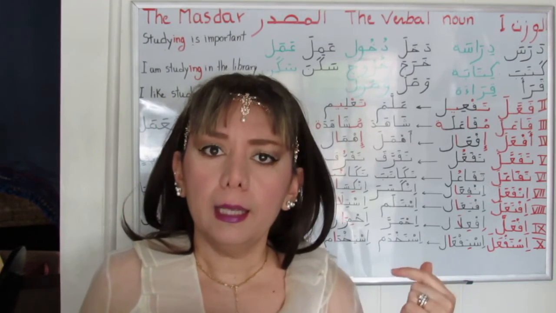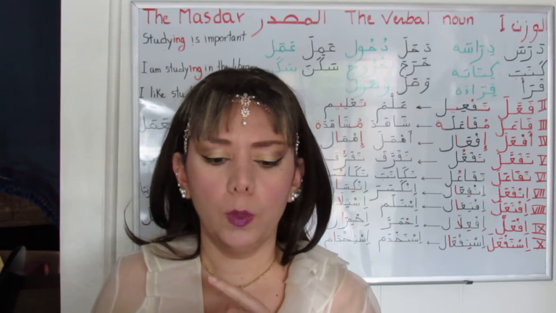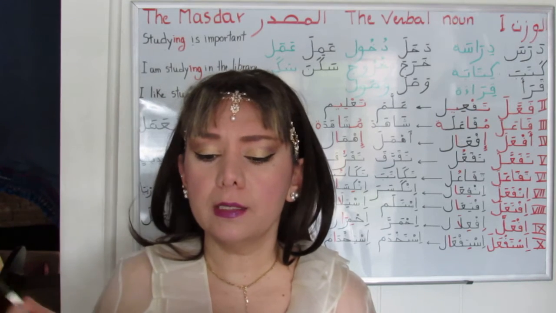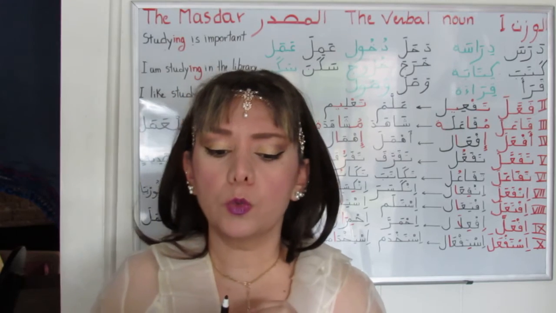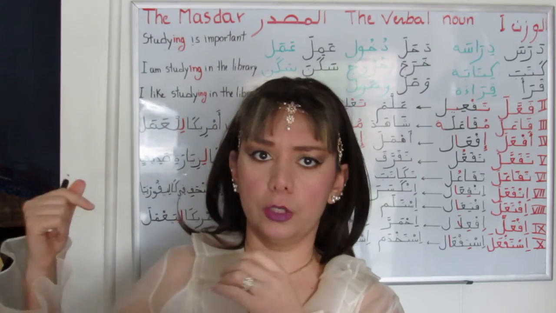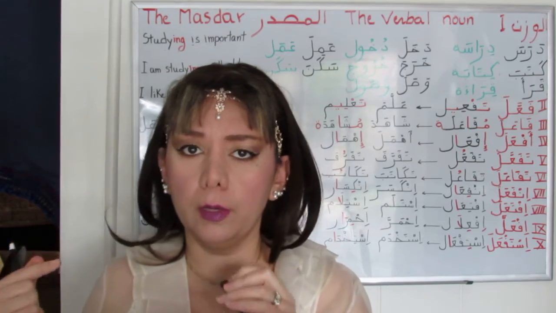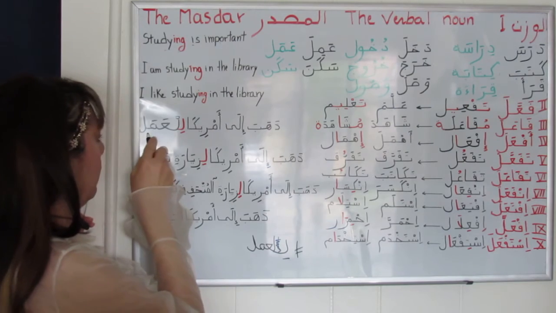So li being used here is the same one that is with verbs in the present tense. When li is attached to the verbal noun this way, it is working as a preposition, as I mentioned. So it's going to put the verbal noun in the genitive. That's why we have kasra, lil'amali.